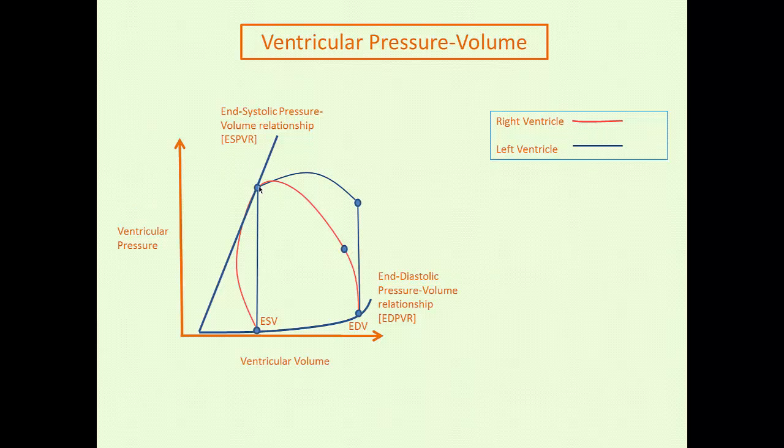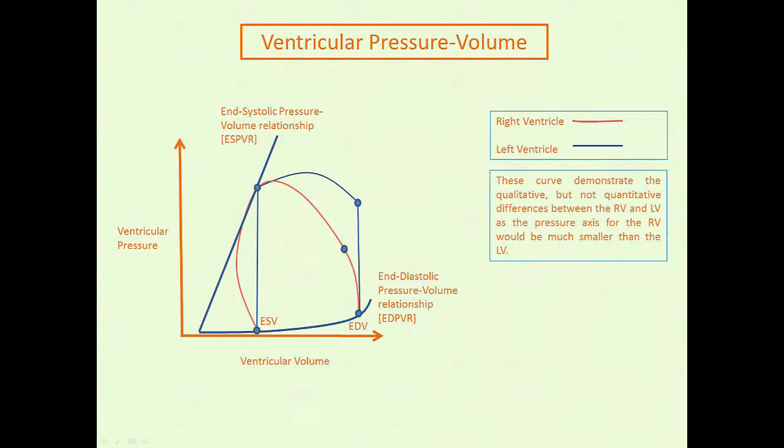That is, the ventricle continues to create forward flow, or create pressure, which facilitates right ventricular ejection beyond peak elastance. So this curve obviously demonstrates the qualitative but not quantitative differences, because the quantitative differences are fourfold between the two ventricles.